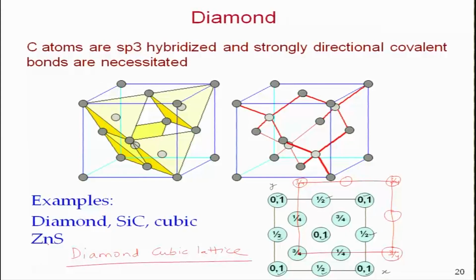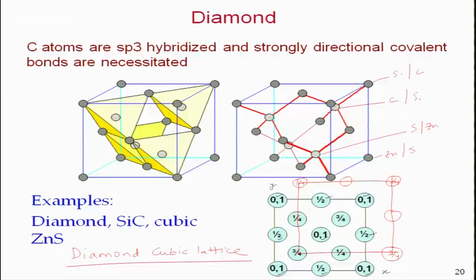So in silicon carbide this atom will be silicon and this atom will be carbon, or you can say this is carbon, this is silicon, both are possible, right. You just have to shift the lattice corner. Similarly in case of zinc sulphide, this would be zinc, this would be sulphur. You can make this as zinc, this as sulphur, both are possible representations, okay.